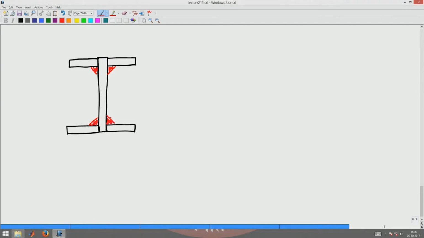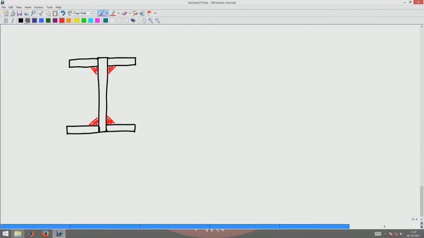Now, how will this I section fail? This I section will fail because the web flange interface is going to show a differential motion like this. So, this is nothing but sigma xz shear is what this weld should resist. This is the weld, these are welds, and this weld should resist sigma xz shear.